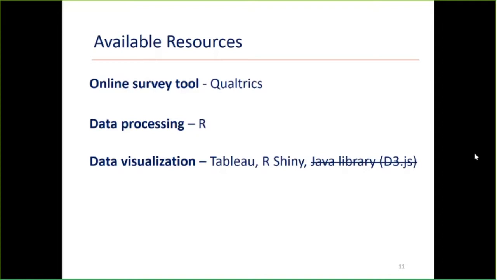So we considered 3 options mainly: Tableau, a package for R called R Shiny, and Java libraries such as D3.